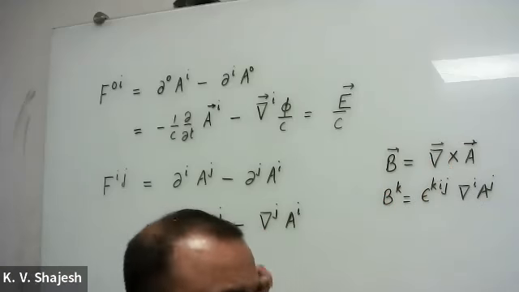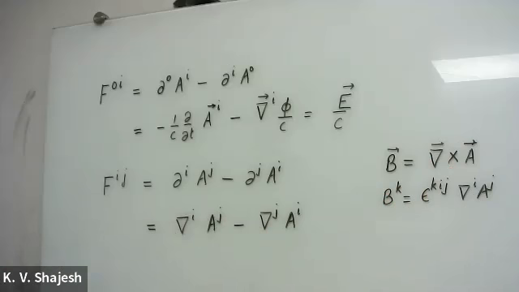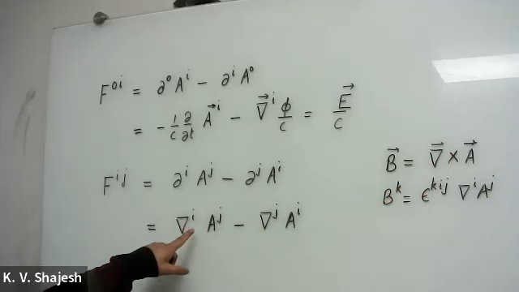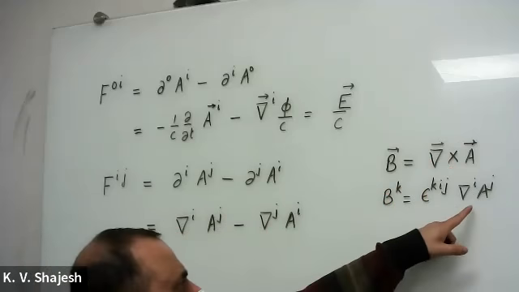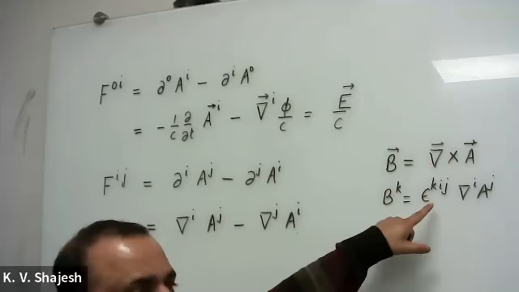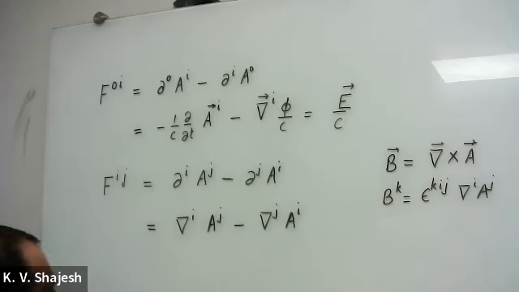That's not very clear. So how do I make this work? There's an i and a j there, so I multiply by epsilon k i j.